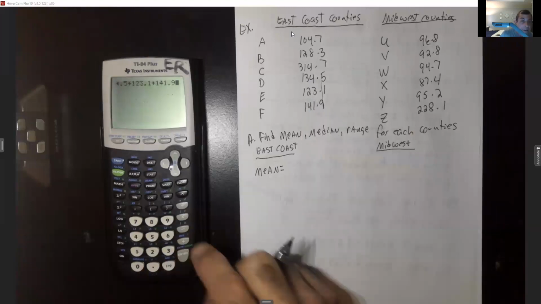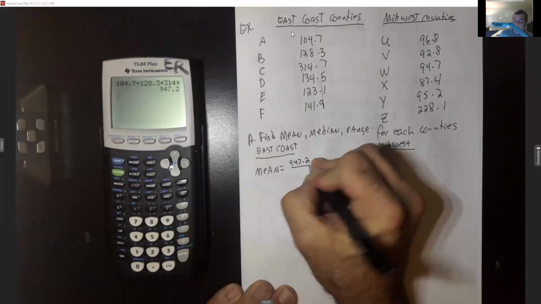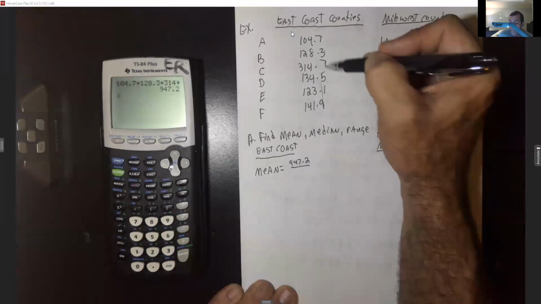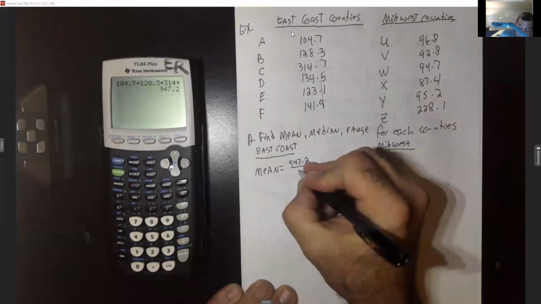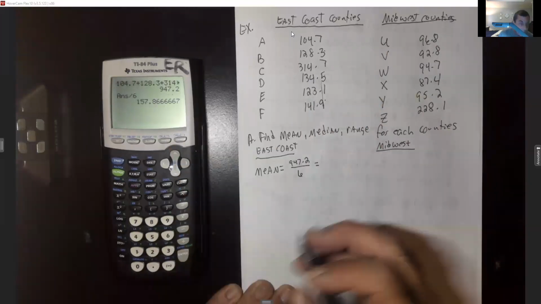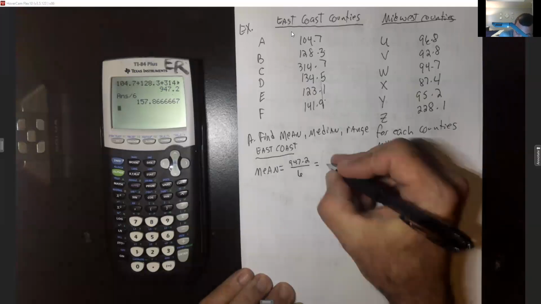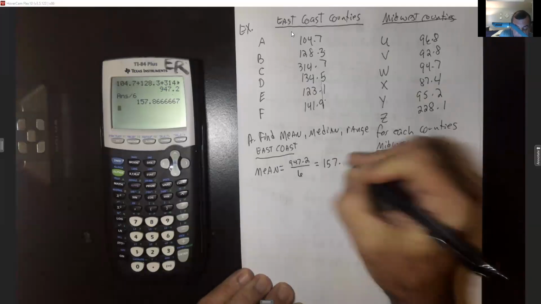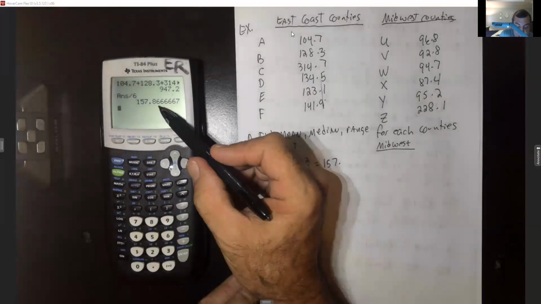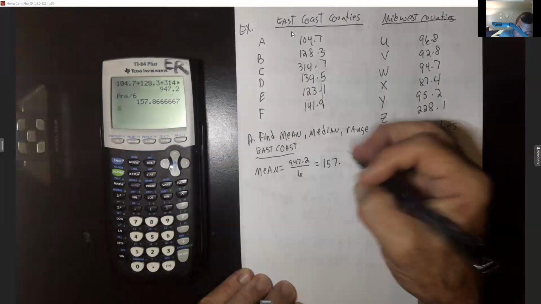When I add all that together, that's going to give me 947.2. I'm going to divide that by 1, 2, 3, 4, 5, 6. And let's see, 947.2 divided by 6. Now let's see, they want me to round to 2 decimal places as needed. So I got a 157 point, that's going to be an 8. So I'm looking at the 6th round. Since that's a 6 after, that 6 will round to a 7, so I'm going to have 157.87.